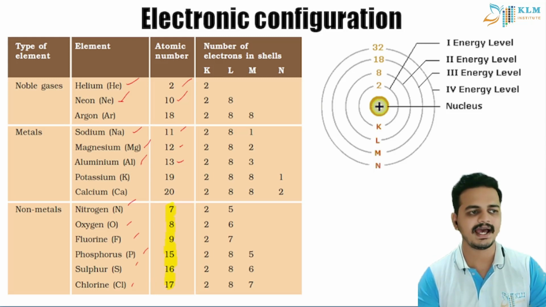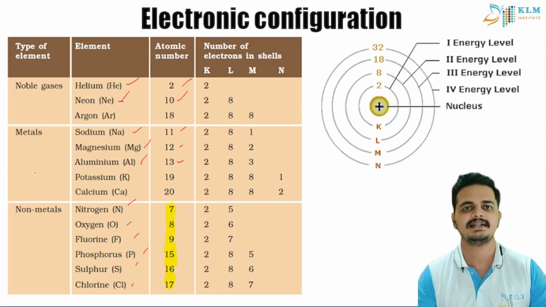So how are these electrons distributed in their shells? They all do not lie in the same path or same plane. They lie like our solar system. There is a nucleus in between, and it has K shell, L shell, M shell and N shell.